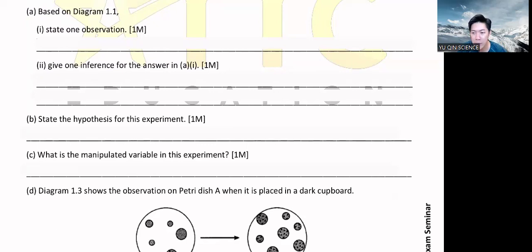Your answer is more like saying the general, that growth is based on humidity. Of course we know that, but this experiment is showing you that when there is humidity, then there is growth. So you want to be more direct in the answer.